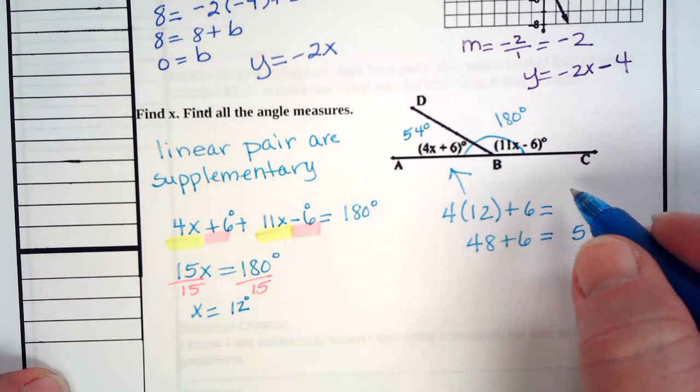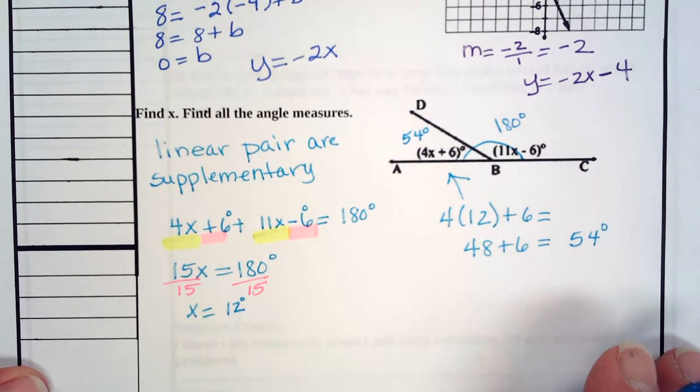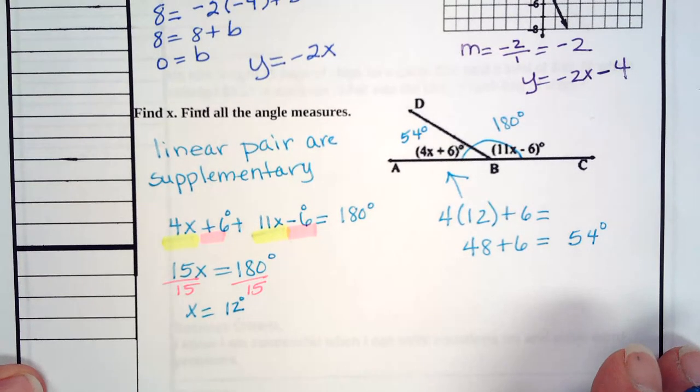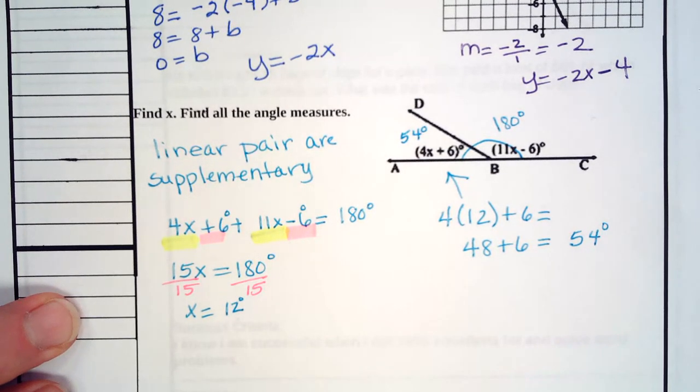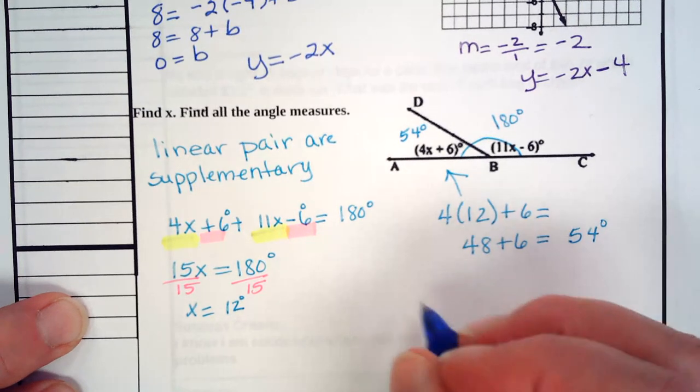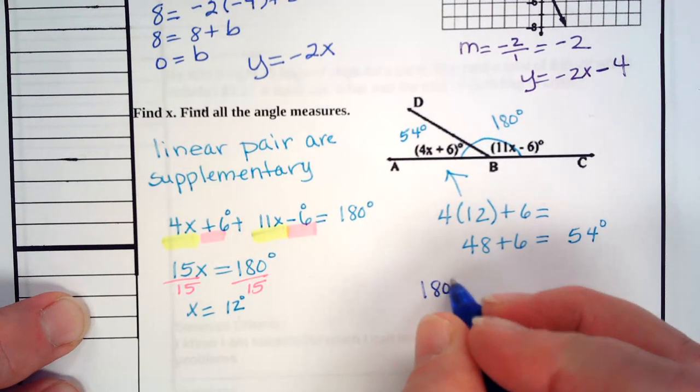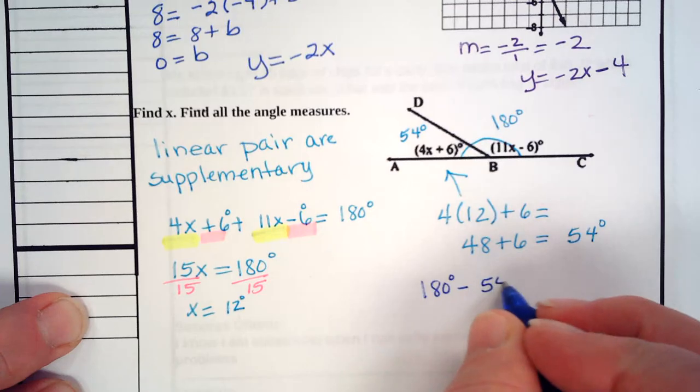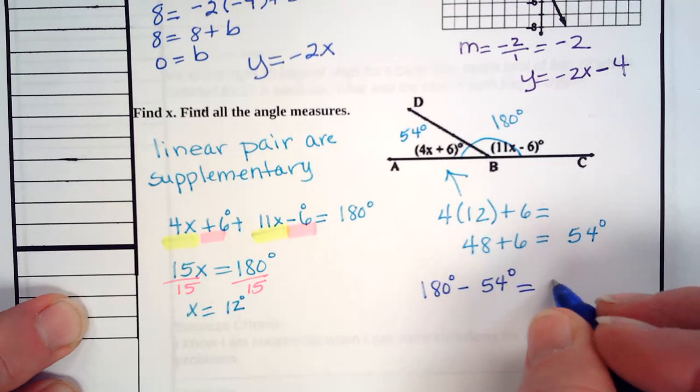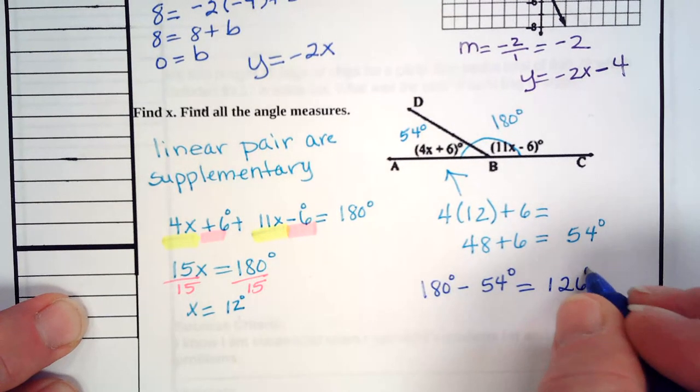Okay, for the other one, you can either substitute in again or you can use the fact that they add up to 180. So if I use the fact they add up to 180, I take 180 degrees minus 54 degrees, and that gives me 126 degrees.